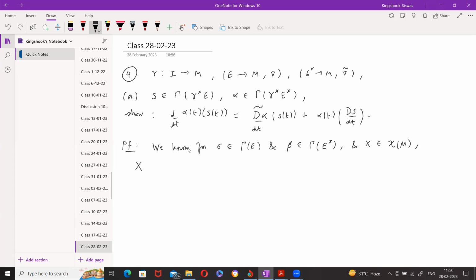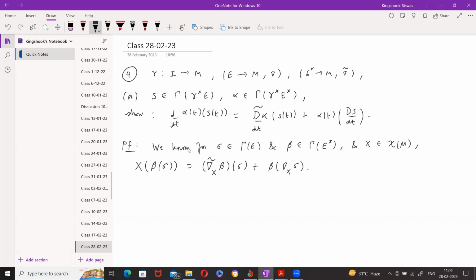So beta acts on sigma to give me a function on M, and X is a vector field which acts on that function on M. So X of beta of sigma, by definition of the dual connection, is nabla tilde X beta acting on sigma plus beta acting on nabla X sigma. Okay. We know this.